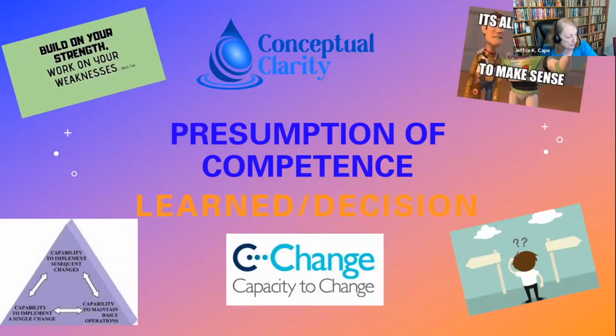So this presumption of competence and this learned decision, one of the ways that presumption of competence shows up in the room is that our groups are run by one of the men. And each week it's a different man. They're facilitated by the staff.